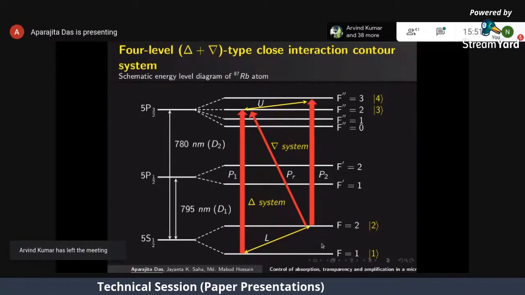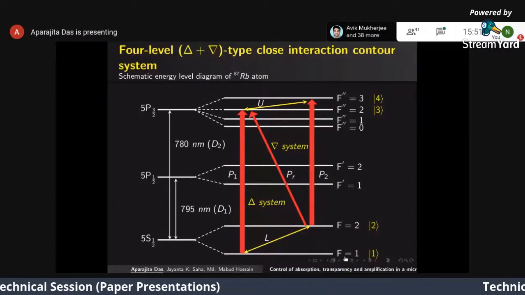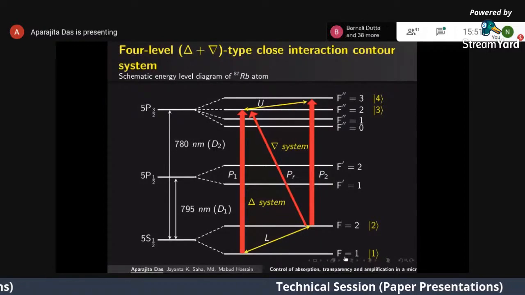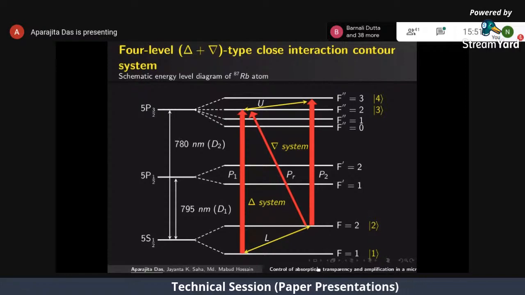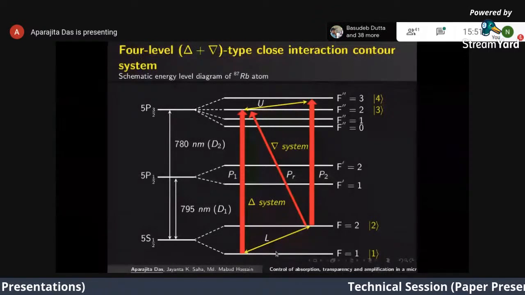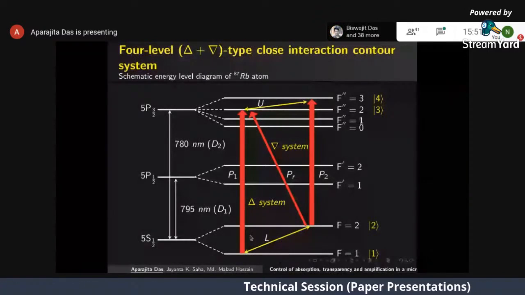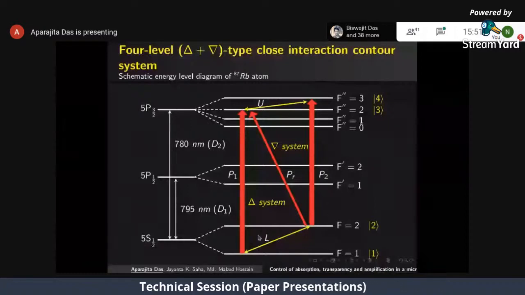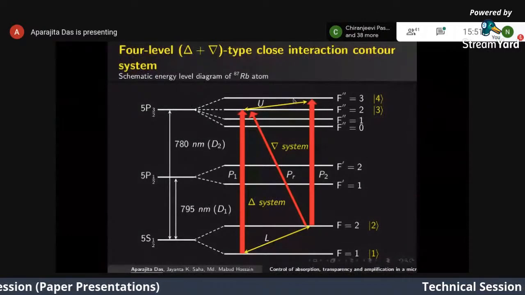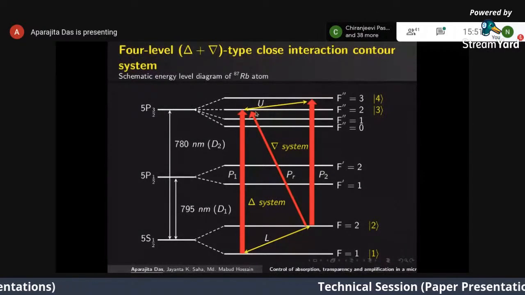And as these states are not electric dipole allowed, but magnetic dipole allowed transitions are possible between these two states, we have to use the magnetic field component of the microwave field. We designate this field as the lower coupling field, or L, and this is the upper coupling field. We designate this field by U.